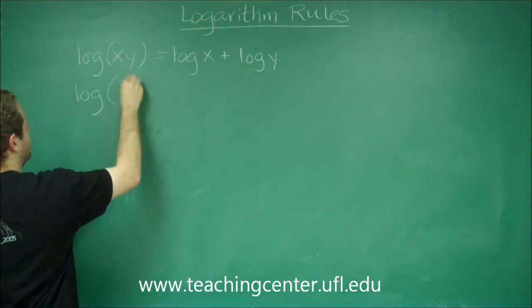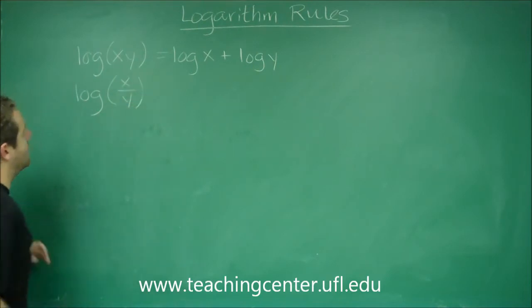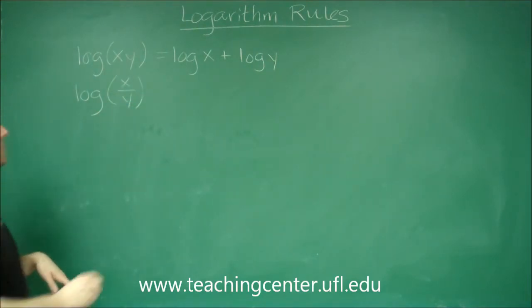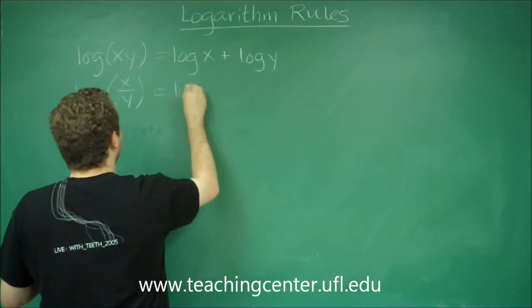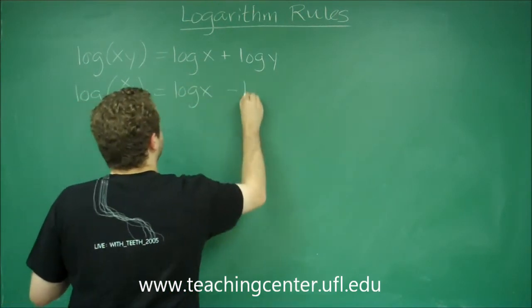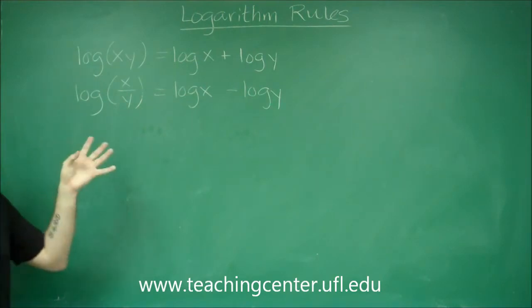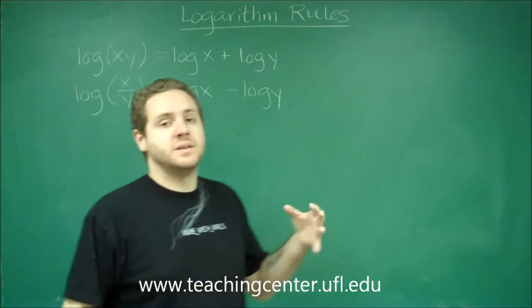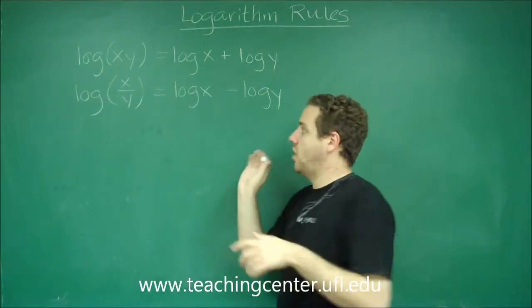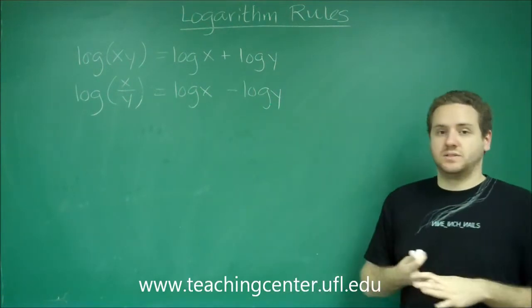Conversely, if you have log of any fraction, x over y, that's always log x minus log y. And you can have a product or quotient of many different objects and break them down into all separate logarithms using these two formulas.